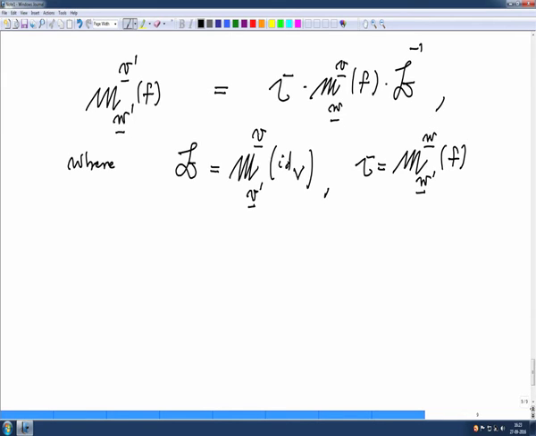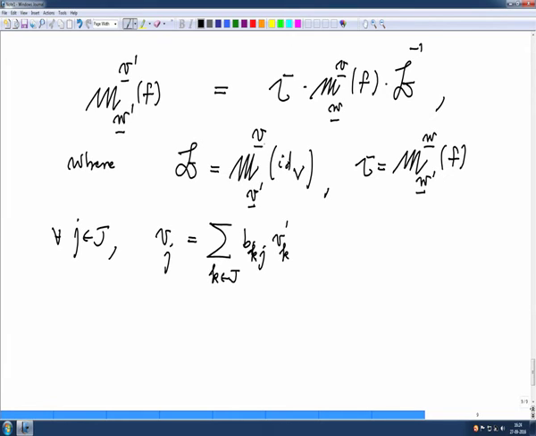So for each j in J, v_j we have written in terms of v prime, because this is the identity, v_j goes to v_j. So this is equal to b_kj v_k prime, k varying in J.